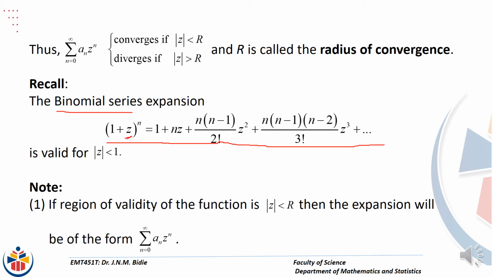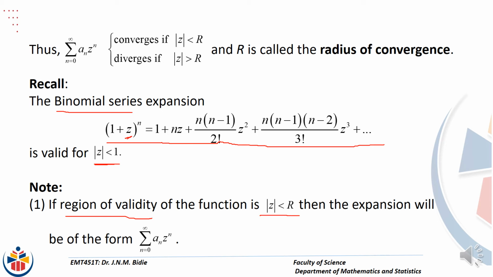term. So 1 plus a function of z all to the power n is the one that is valid within the circle with radius 1 and centered at 0. That is a circle of radius 1 centered at 0. So again, we are noting that the region of validity of this function is modulus of z less than r.